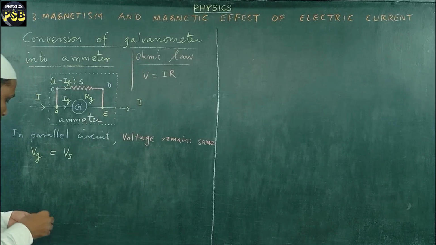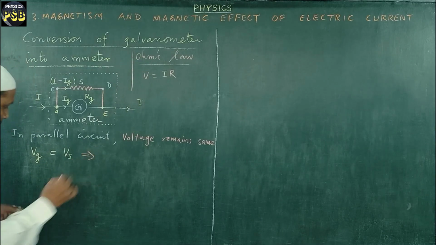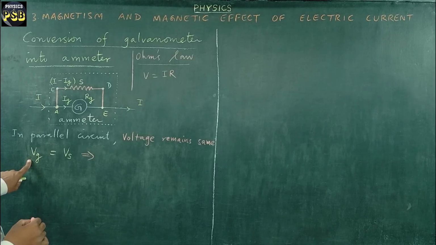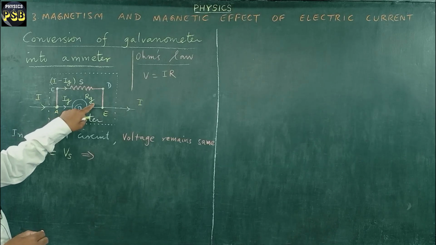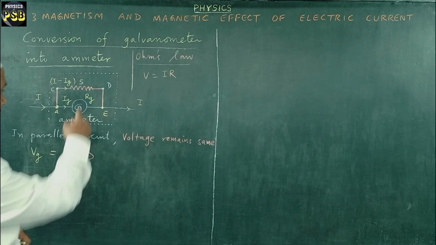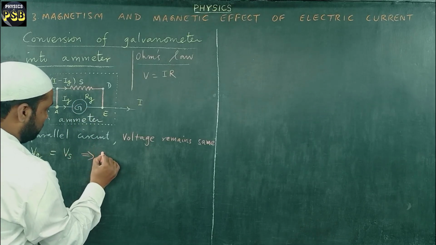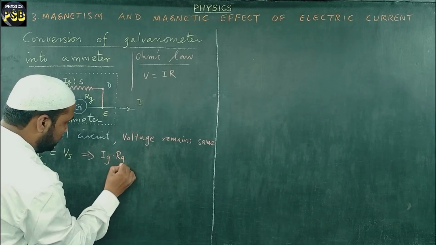Here Vg can be obtained by multiplying current Ig and the resistance offered by the galvanometer to the flow of current, that is Rg. So Vg is equal to Ig multiplied with Rg.